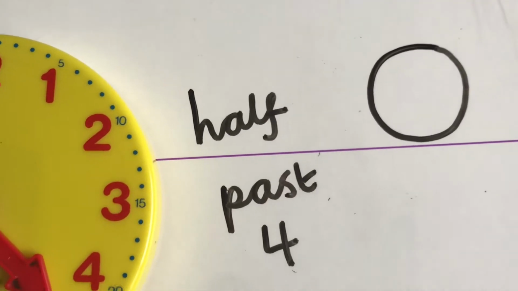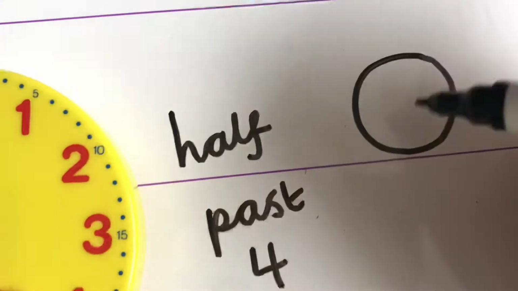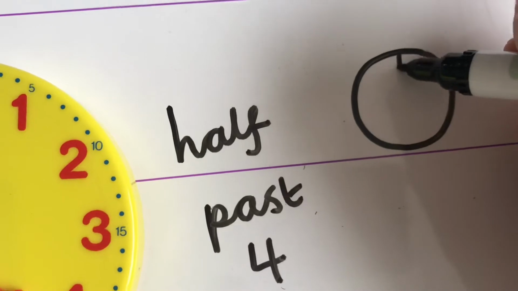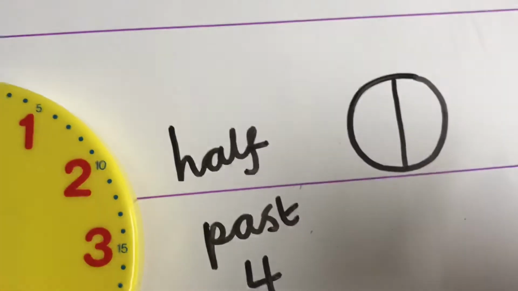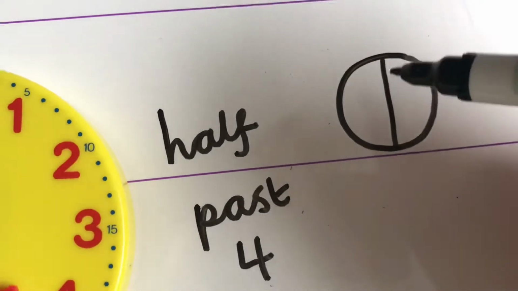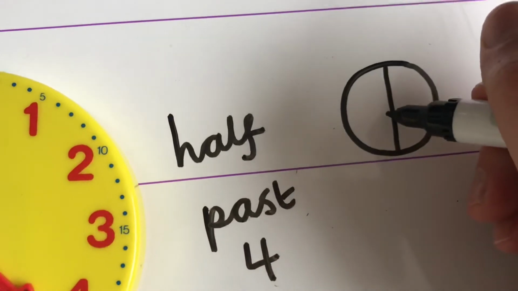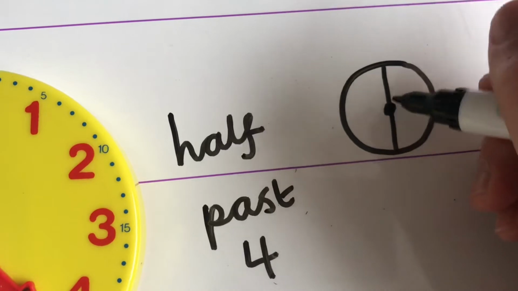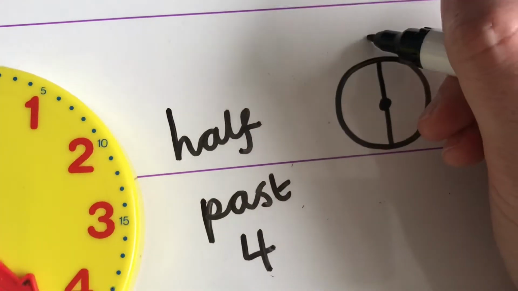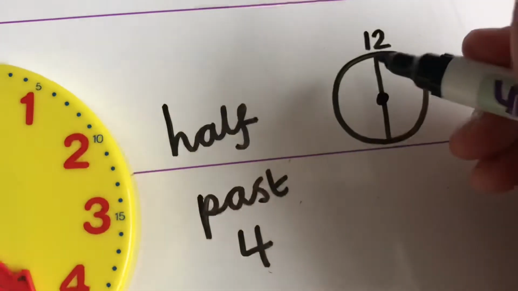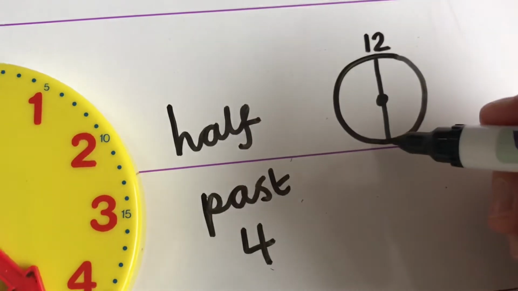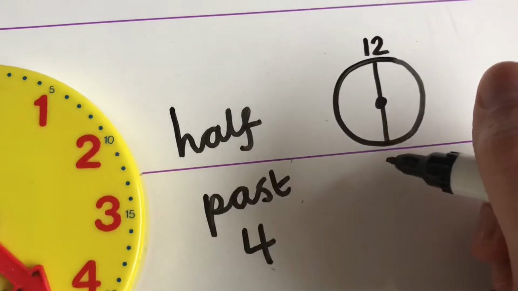So we've just done fractions, haven't we, Y3? Yeah, so think about, imagine the clock face being a circle, okay? So imagine if you had a circle, you split it into 2 halves, okay? So the big hand was originally pointing up here to the 12, which is o'clock, but now it's gone halfway round the clock. That's why it's called half past.